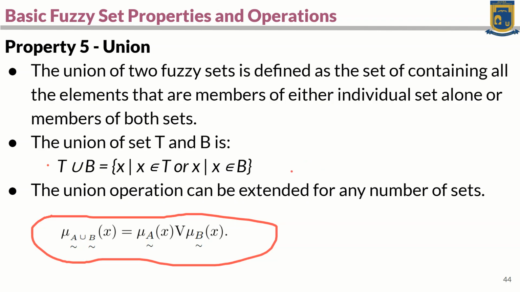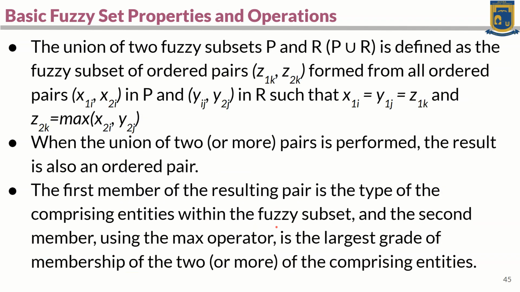So the union is something you're not going to waste time on. But how do we do it in fuzzy? When you talk about union in fuzzy, we are talking about the maximum value in the two subsets. When we take the two subsets, we want to pick the maximum value.